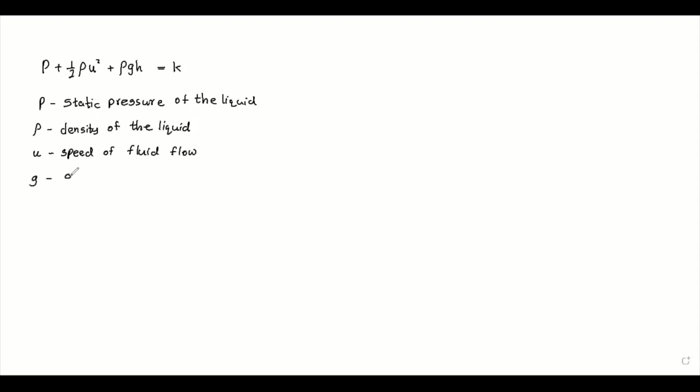G is gravitational acceleration. H is height, you can say it's the height from potential energy zero level.